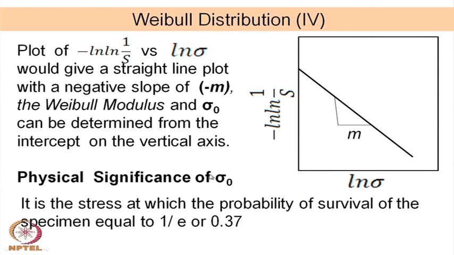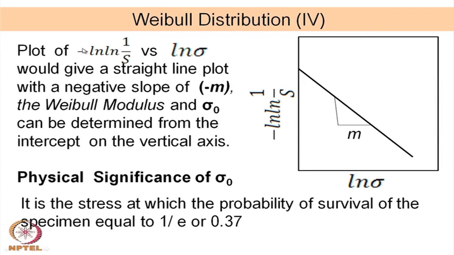That is what has been shown here. This is the double logarithm of 1 by S as a function of ln sigma. You will get a straight line with a negative slope, and that slope is actually equal to m, the Weibull modulus.